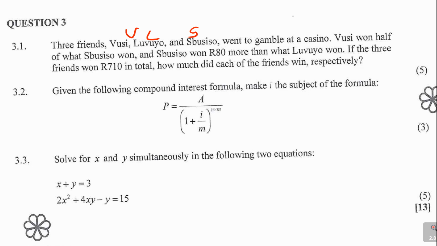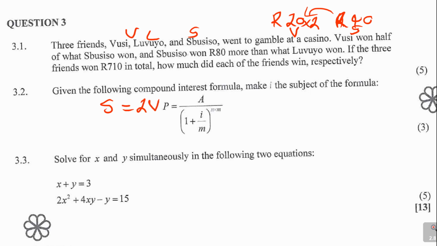Let's make it reality. If Vusi won 20 rand, they say he won half of what Sbusiso won. What did Sbusiso win? Sbusiso won 40 rand, so that Vusi will win half of that. So whatever Vusi won, we have to multiply by 2. If 20 was Vusi and Sbusiso was S, we can come up with an equation to say S, whatever Sbusiso's win, will be 2 times what Vusi will win.